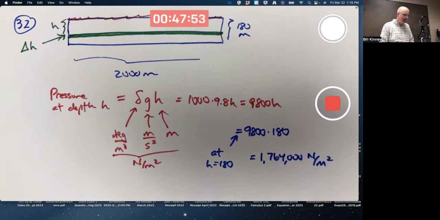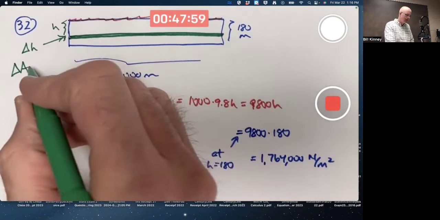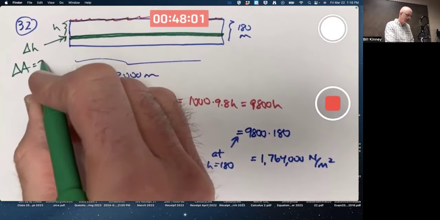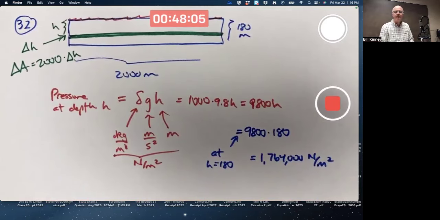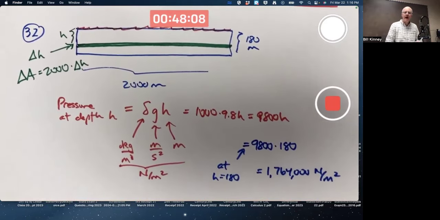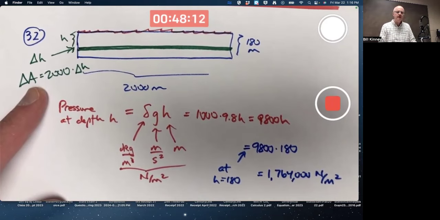The small amount of area of that, delta A, would be base times height, 2,000 times delta H. Pressure, again, is force per unit area. That's the area.